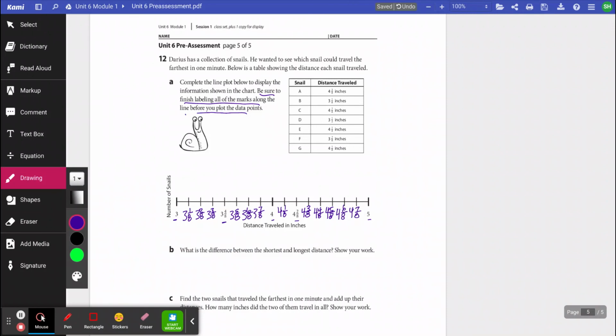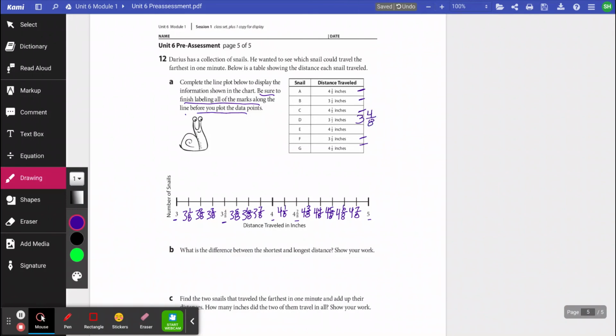If you notice, some of these end in 8s. There's one that ends in a half. This one ends in a fourth. Then we have an eighth and an 8. So there's 2 of them that don't end in 8s. And we can think about, how do we make those into 8s? So I might just write over here, 3 and a half is the same as 3 and 4/8, because 4/8 is a half.